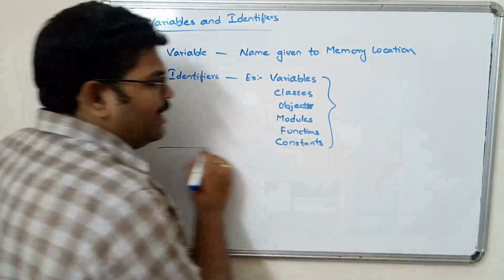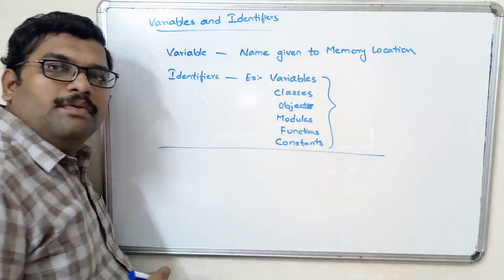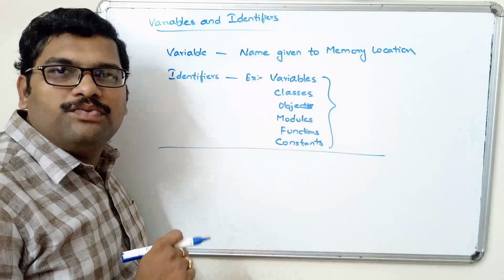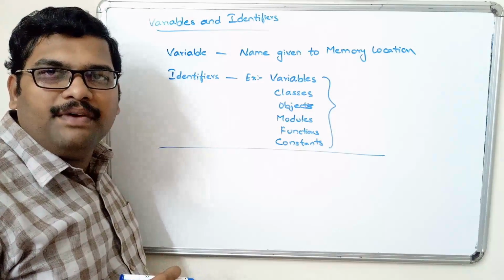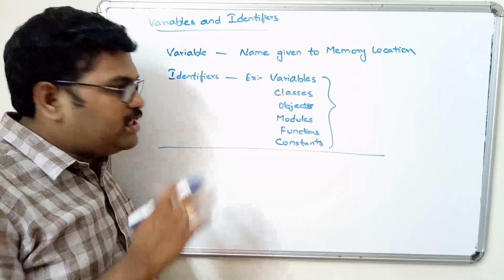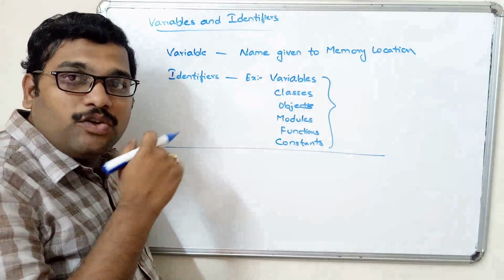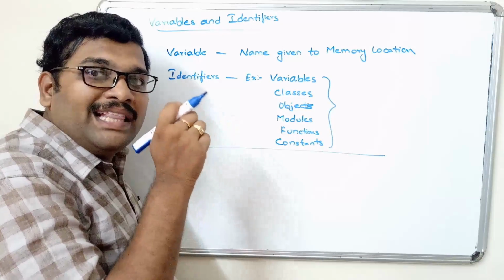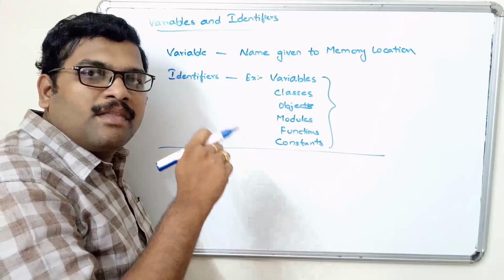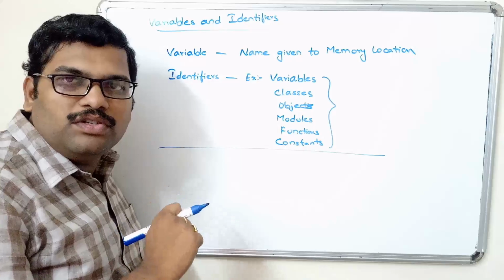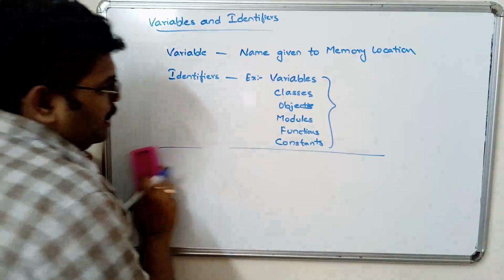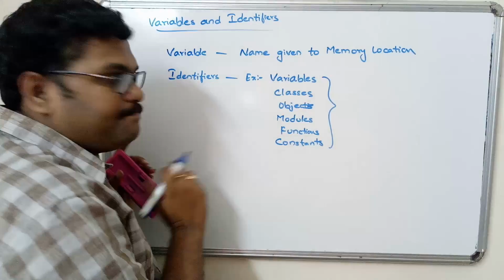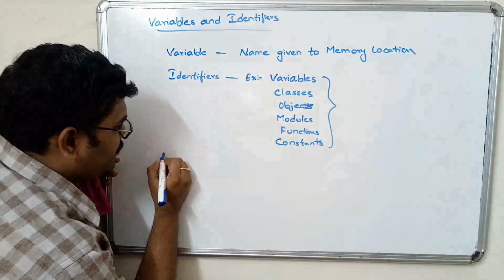For any identifier, we have to follow some rules while giving a name to that particular identifier, which is similar to our C language. We have to give a name to that memory location, and that must be done by following some set of rules. Now let us see the rules to be followed for naming an identifier.